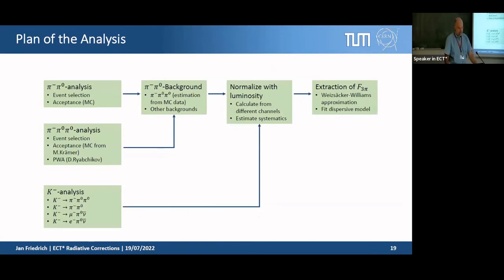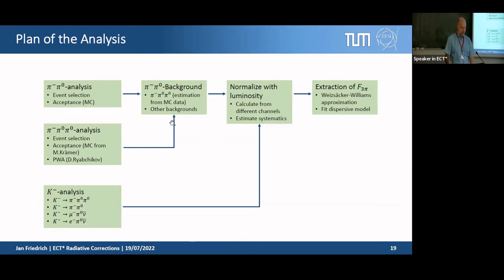So the full plan of the analysis, as my PhD student has depicted it: you have the pi minus pi 0 events on the one hand, and you have the respective Monte Carlo for it, which gives you the acceptance. And then we have these 2 big steps in between, interpreting these spectra.